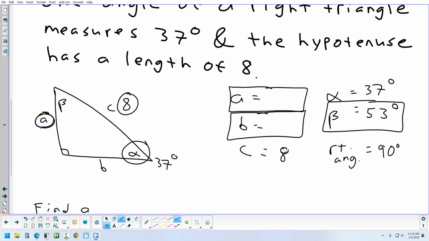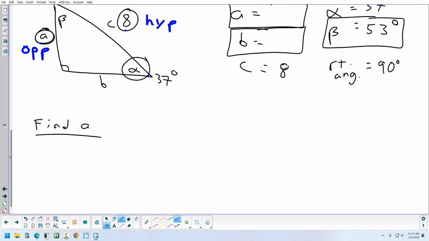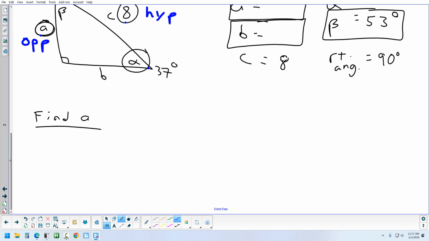Right, everything's from the reference of the 37. That's opposite. And the side that's 8? Hypotenuse. So you need a trig function that involves opposite and hypotenuse. Which trig function is that? Sine. So you always set up a trig function just like that.